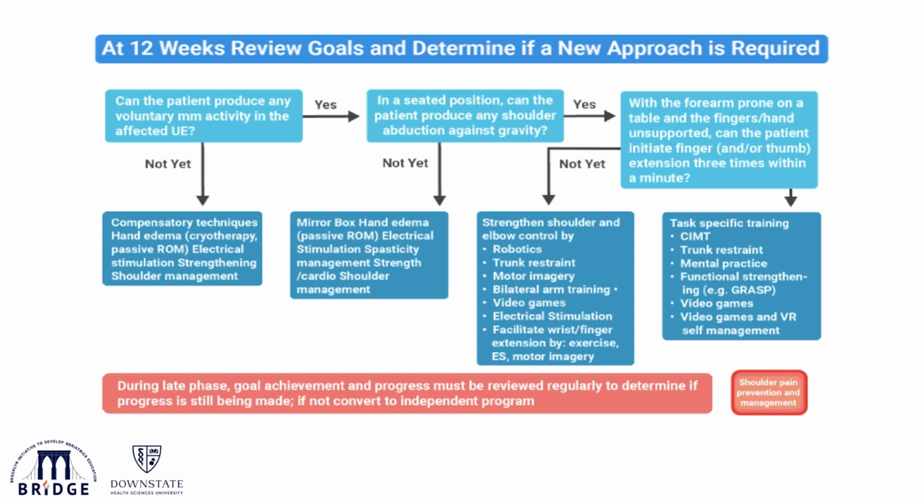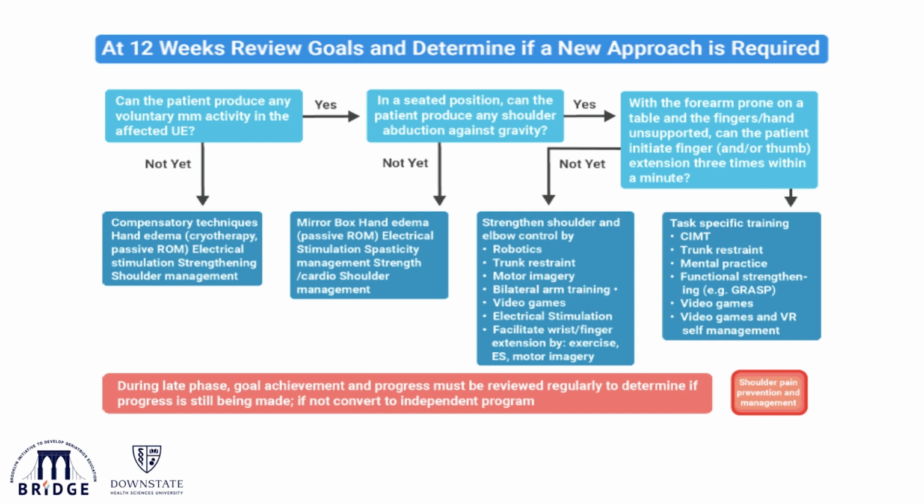You want to assess if the patient can produce any movement at that 12-week or 3-month time frame with that upper extremity. Then again, if the person cannot do that, you're still working towards improving their hand function, reducing the swelling in that hand.